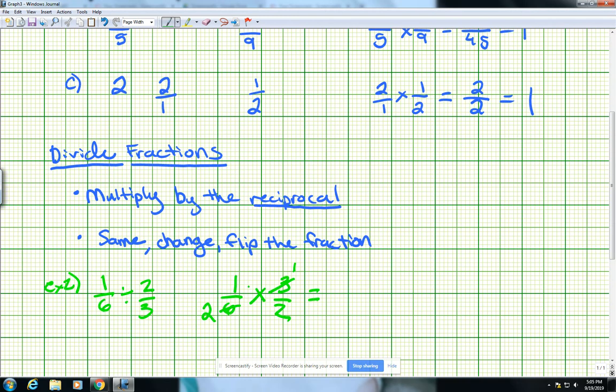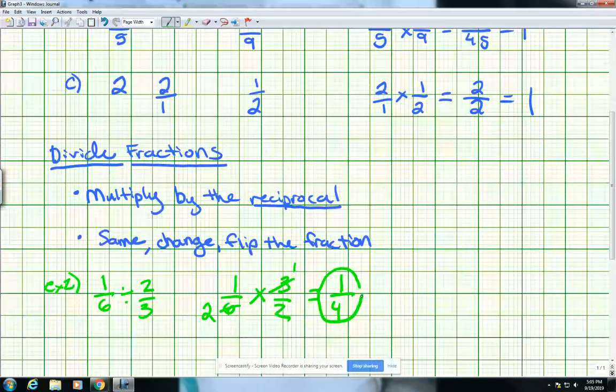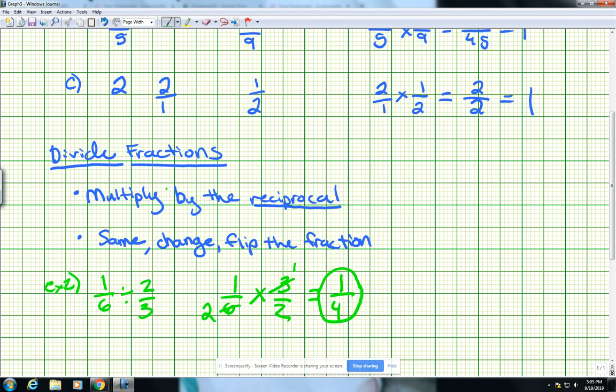Now that I've got those simplified, I can multiply 1 times 1 to get 1 on the top, and 2 times 2 to get 4 on the bottom. So really, when you divide fractions, you don't need to divide. You same, change, flip the fraction, and you multiply by the reciprocal. We're going to go ahead and get right to the next example.